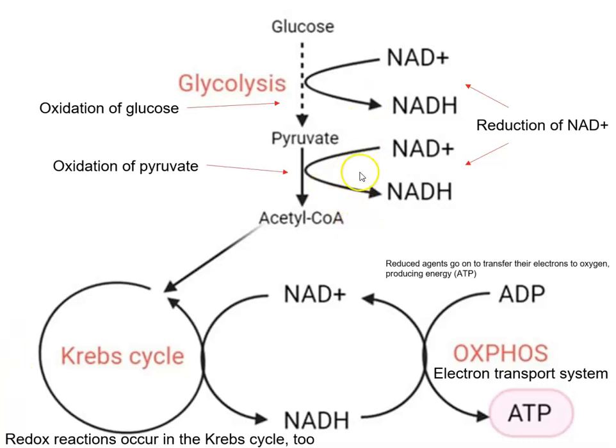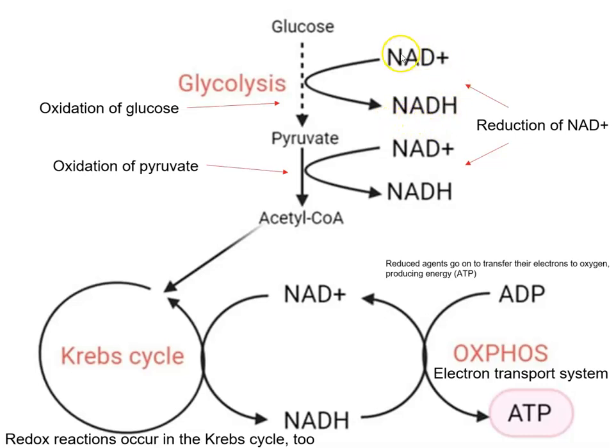Now, the thing I want to show you is along these pathways, we have a lot of reduction of molecules. So this molecule here, NAD, you see it comes together with glucose, and there's an enzyme here that's working as well. And it produces a molecule of pyruvate, and it produces a molecule of NADH.